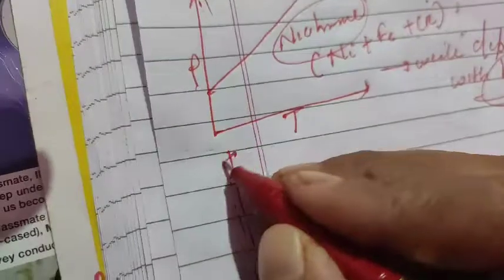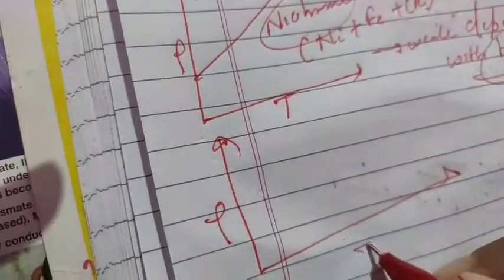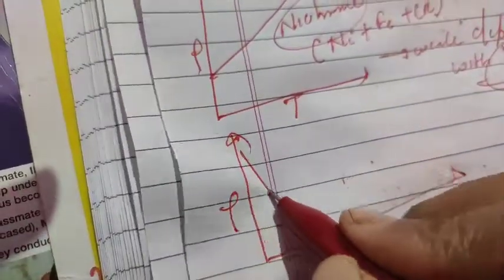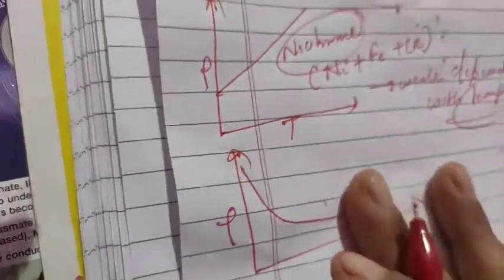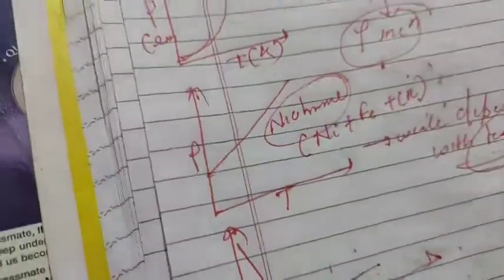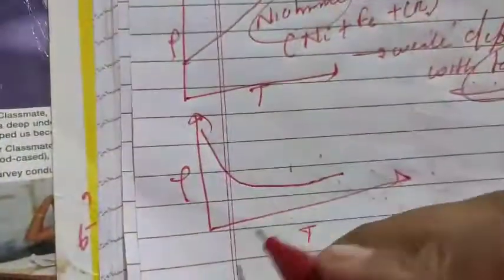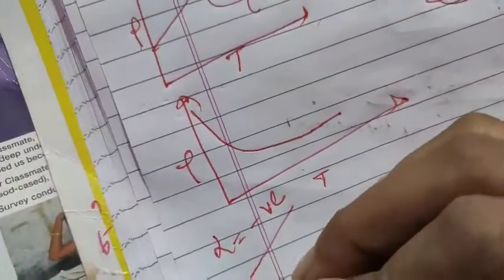But what happens in the third case, that is semiconductor, or you can take insulator. Let us focus on semiconductor. The graph is like this. What does it mean, student? For an insulator, or you can consider a semiconductor also, alpha is negative. One thing you have to remember.